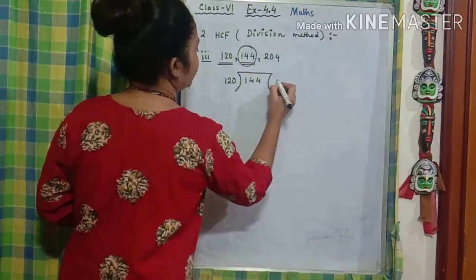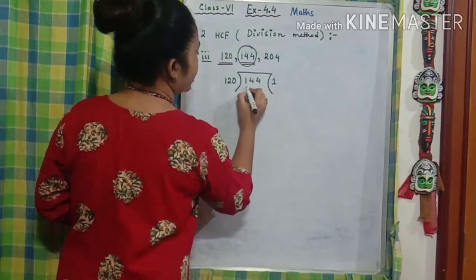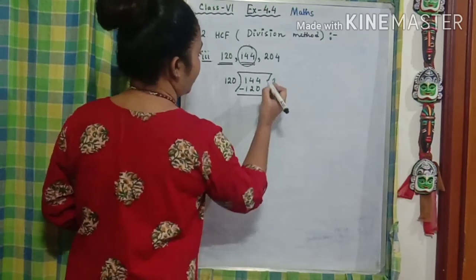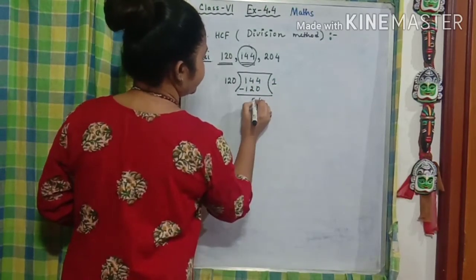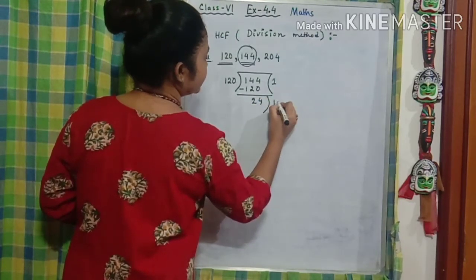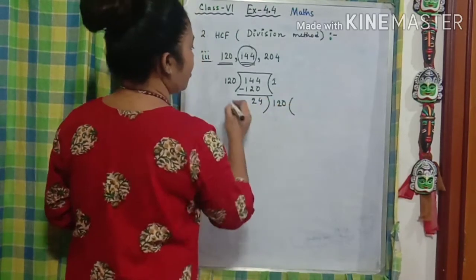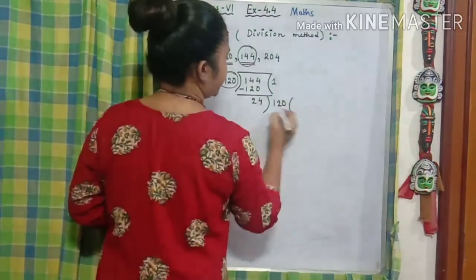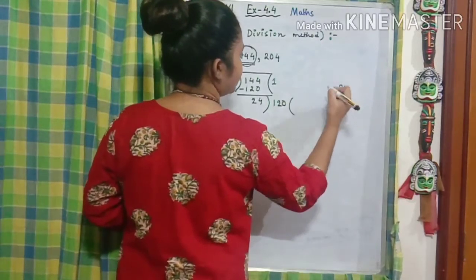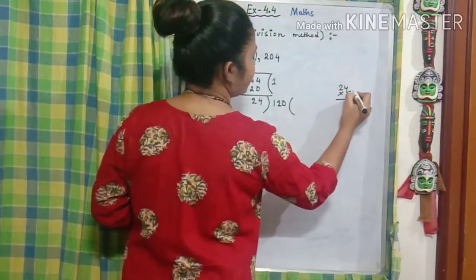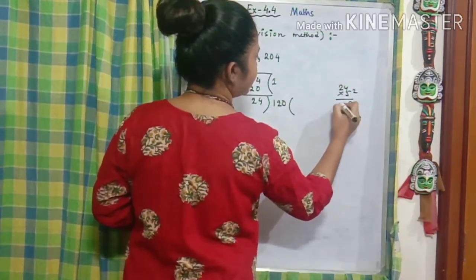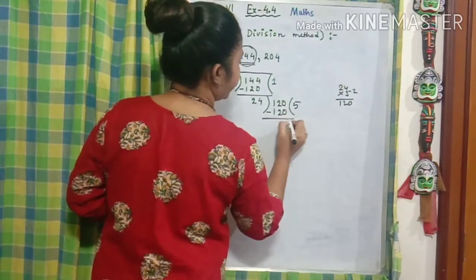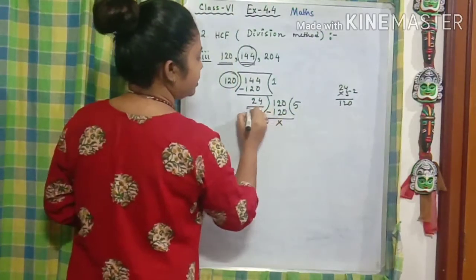Okay, so 120 ones are 120, that is the closest number to 144. So here 24 is the remainder. Now we are going to divide the divisor by the remainder. By 5 we can cancel it out. Okay, so here 24.